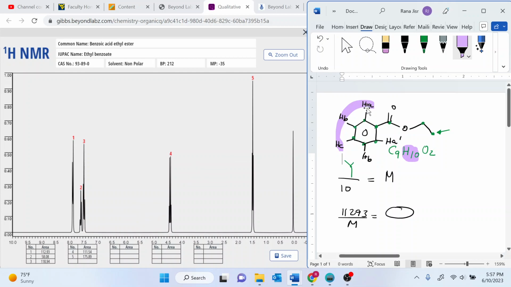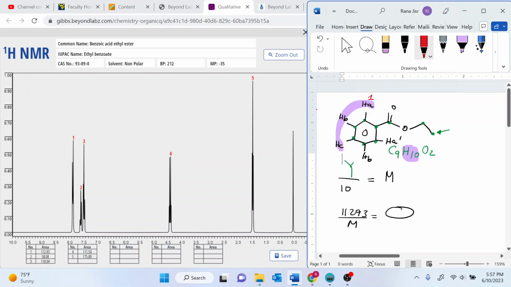So proton A is going to be the furthest downfield because it's the closest to the carbonyl. So I am expecting that number 1, which is peak number 1, to be proton number A.